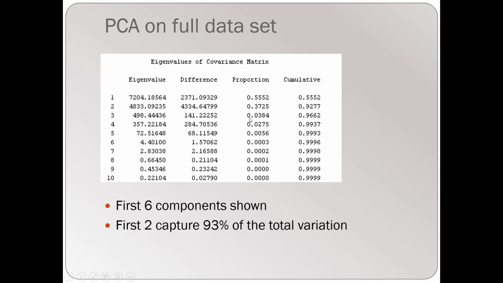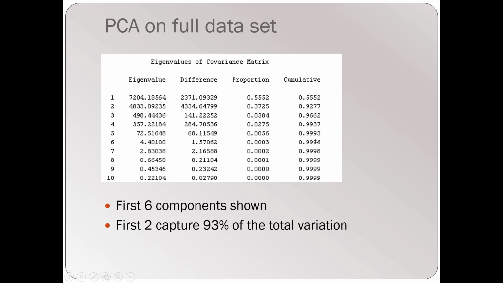So here is an example of 6. You started out with a full data set, and then you generated principal components, and here is the proportion and cumulative proportion of the variance. As you go down, you see when you hit two principal components, almost 93% of the variance is captured.